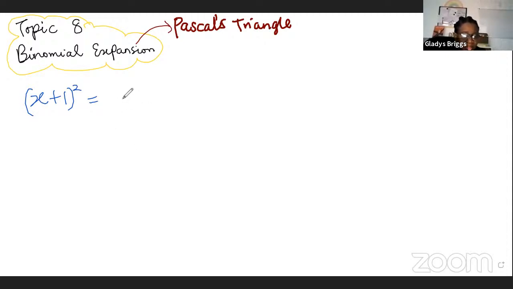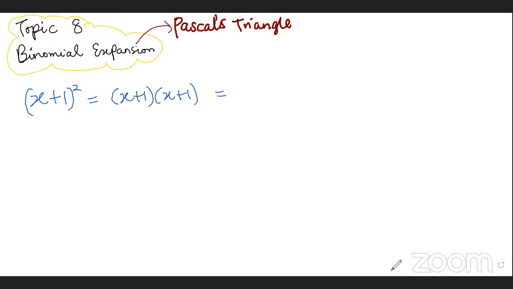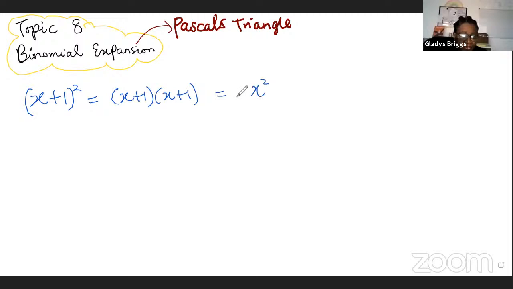That would be x plus 1 times x plus 1, which is equal to x squared plus x plus x plus 1. That's equal to x squared plus 2x plus 1, yeah?